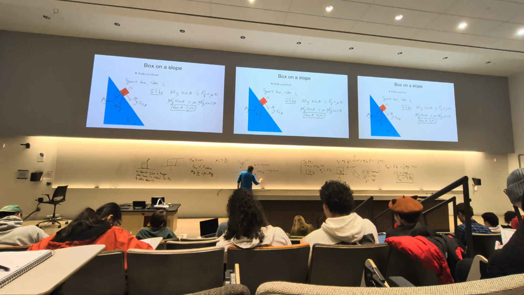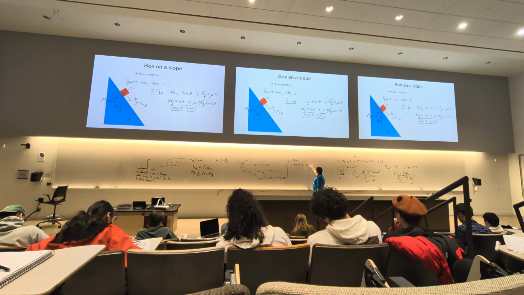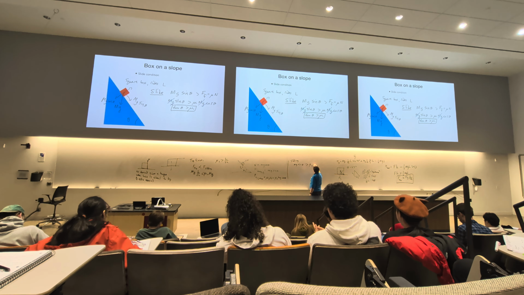And so what you are left with is, for sliding, the condition is that mg sine theta has to beat the best that friction can offer.